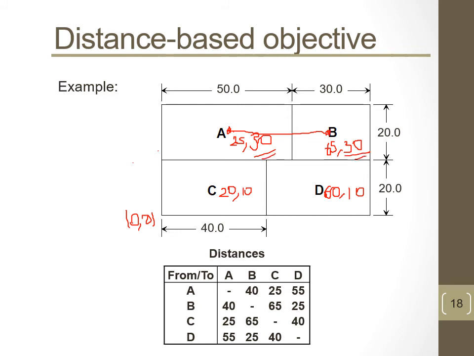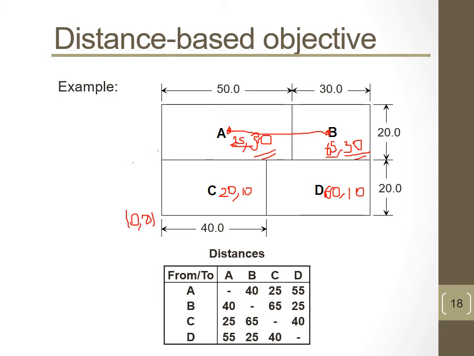The formula for rectilinear distance is the difference of the x coordinates plus the difference of the y coordinates. The difference of the y coordinates is 0. The difference between x coordinates is 65 minus 25, which is 40. So the distance from A to B is 40, as written here. Since it's symmetric, from B to A it's also 40.